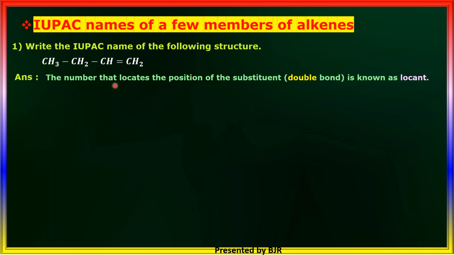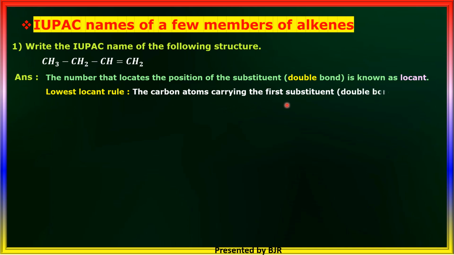So the number that locates the position, that is, to which carbon atom double bond is attached, that is known as locant. Lowest locant rule: the carbon atoms carrying the first substituent, double bond, get the lowest possible number.